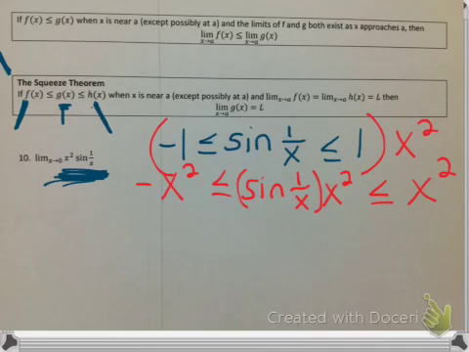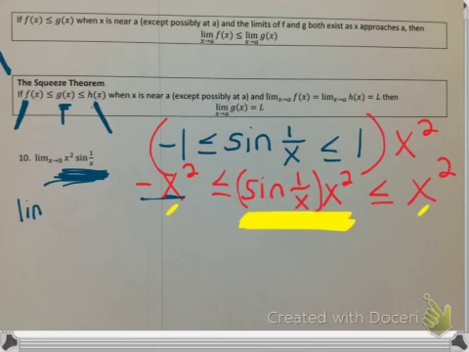So now you've literally squeezed this function in between two others. Here's my g in the middle, here's my f, and here's my h. Now if I find the limit of f and h, and they're both the same thing, then I can say the limit of the middle function is equal to that value. So now we find the limit of this one.